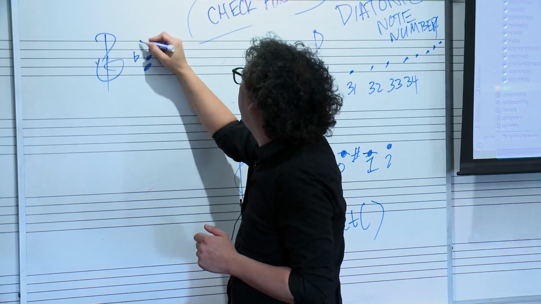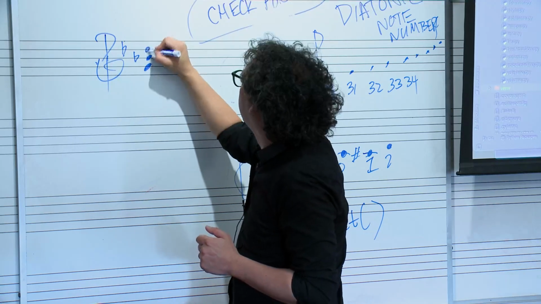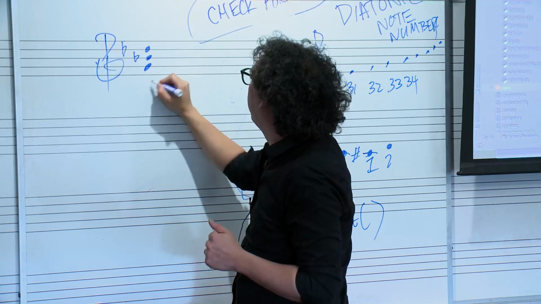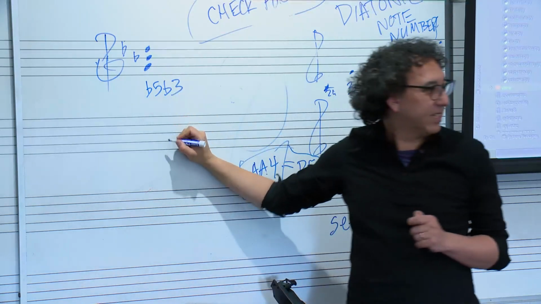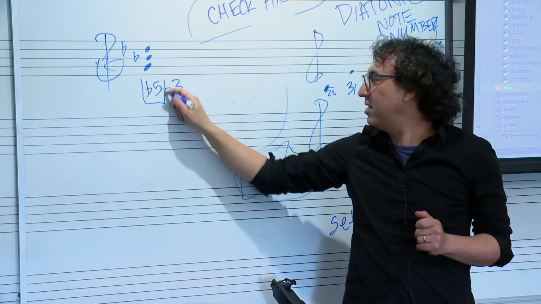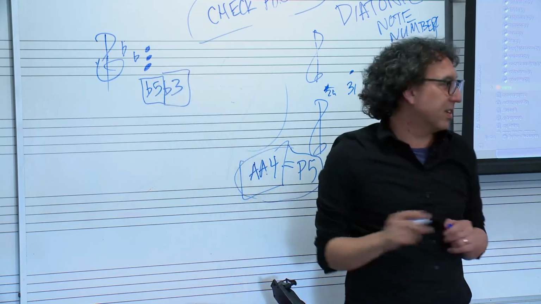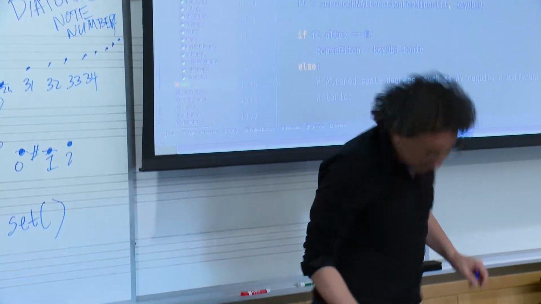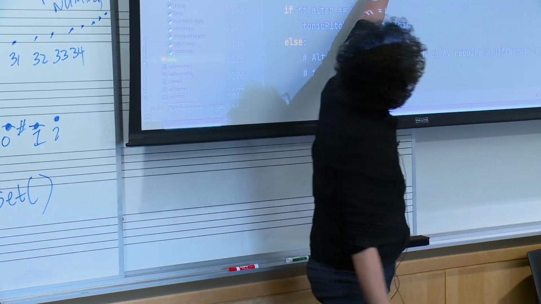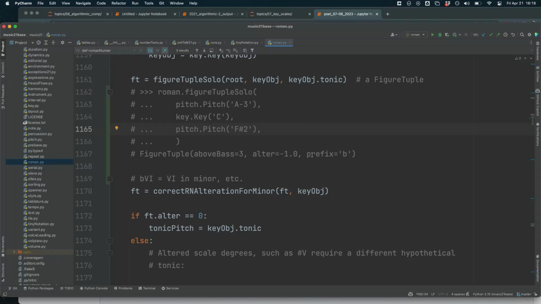You might have, call that flat 5, flat 3 in some ways. One of these figures, call this a figure tuple, tells you what's the thing over the base.